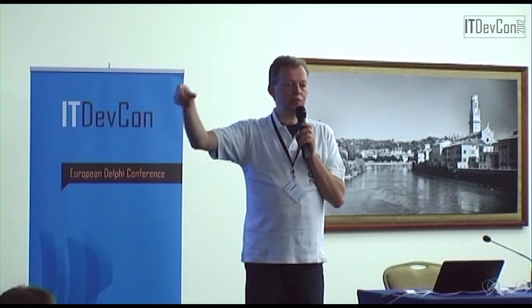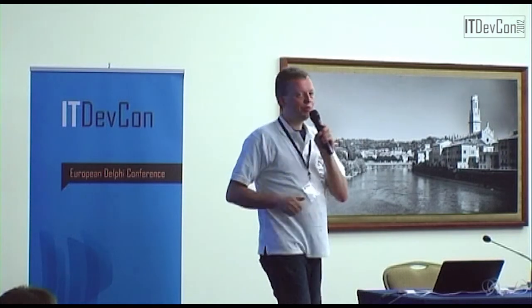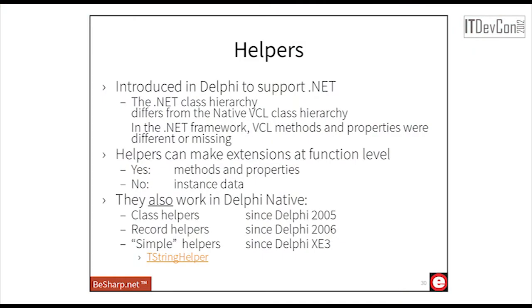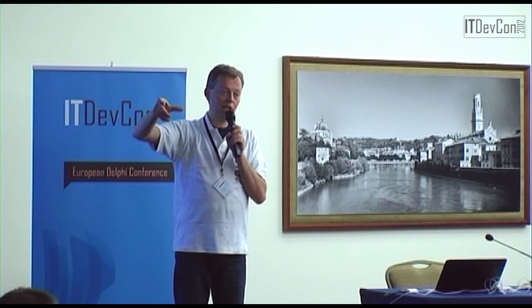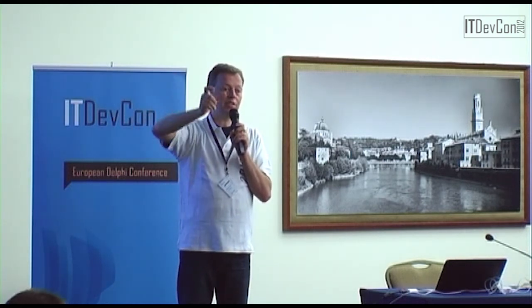And then when they got introduced in native Delphi, they still said, well, don't try this at home. I tried and it works. What you can do with a helper is add functionality to an existing class. And since then, also to an existing record. And since Delphi XE3, also to an existing simple data type.